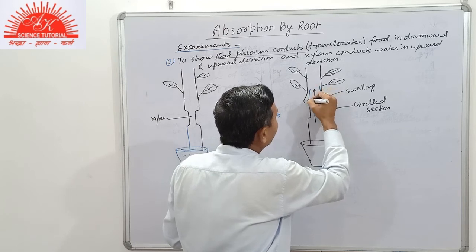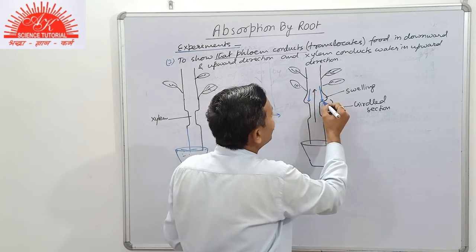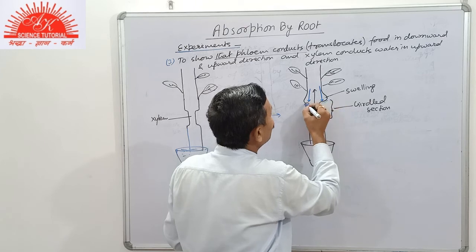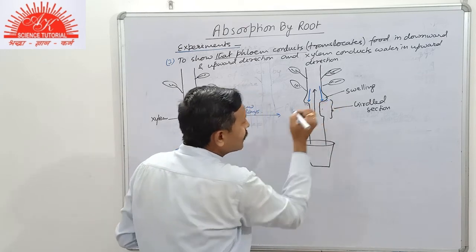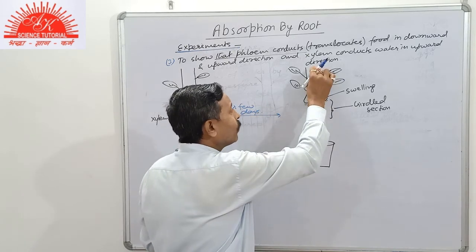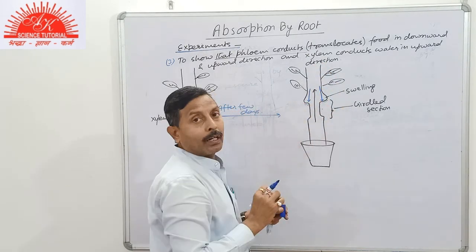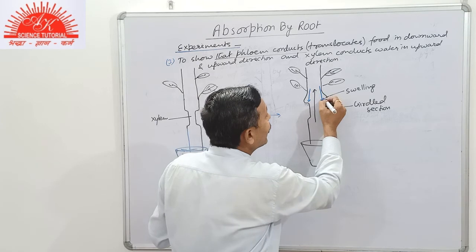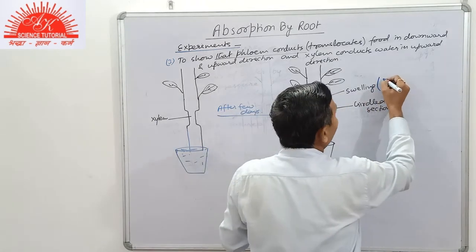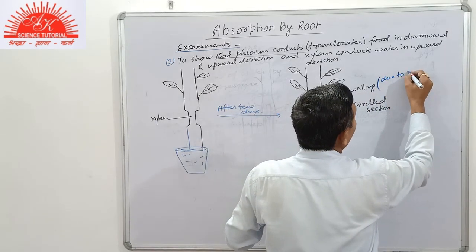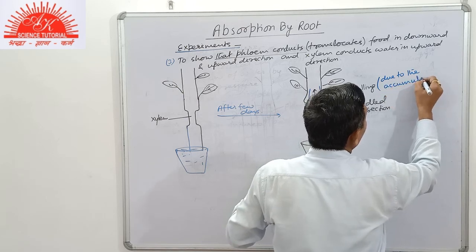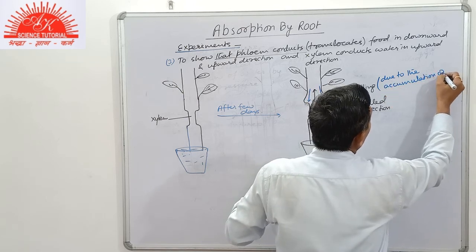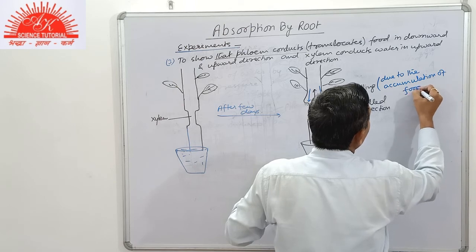In the beginning, we observe that some fluid oozes out through the phloem, but gradually the cells die and the food will not be able to pass downward, but it gradually accumulates. So swelling develops due to the accumulation of food that causes extra growth.